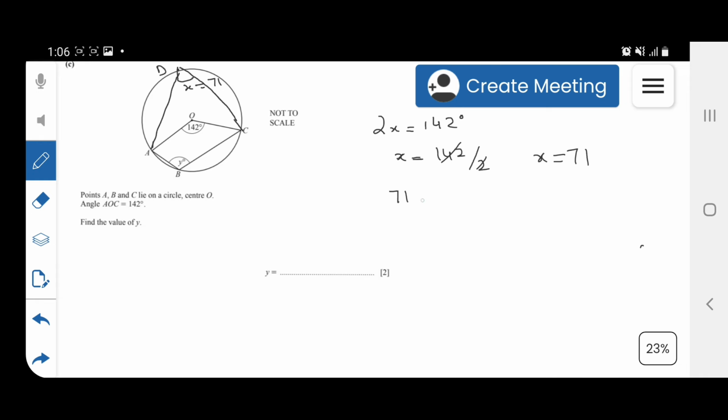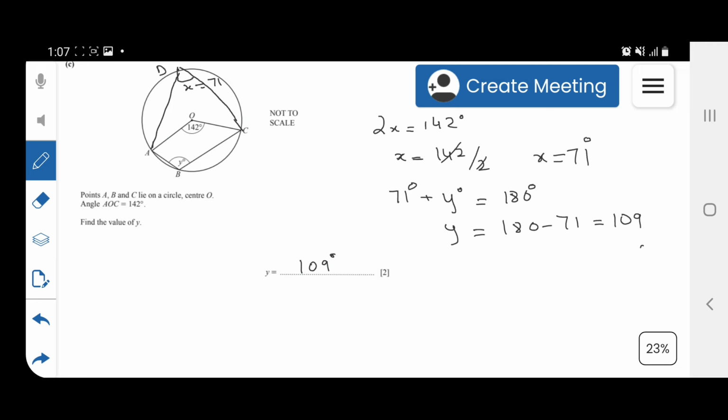So we can say that 71 degrees plus Y degrees equals 180, and just by subtracting 71 from 180 we are going to get the answer for Y, which will be equal to 109. So now this is 109 degrees.